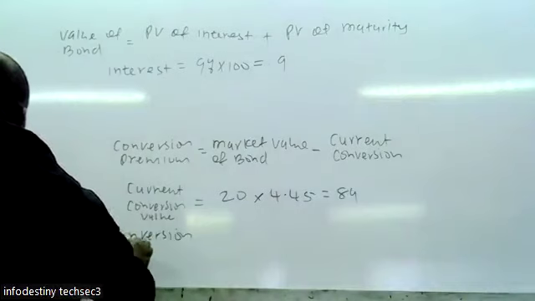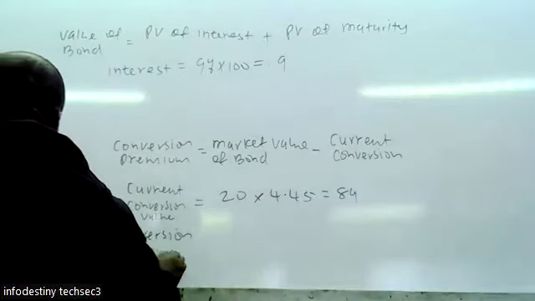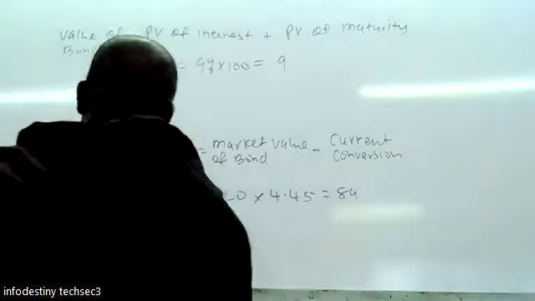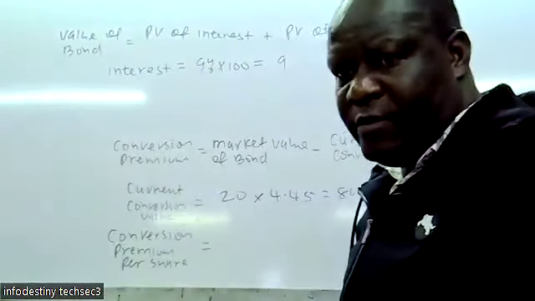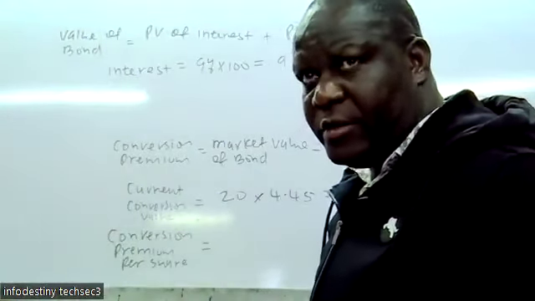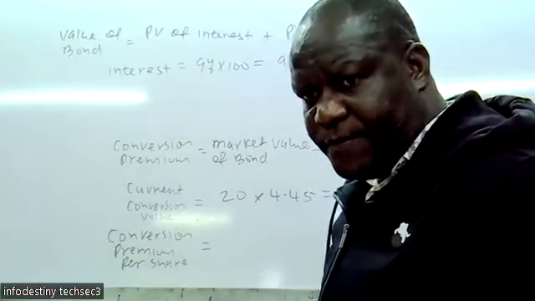Once you have done that, you now get the conversion premium per share. For the conversion premium per share, you calculated the market value, and you got 123.89.